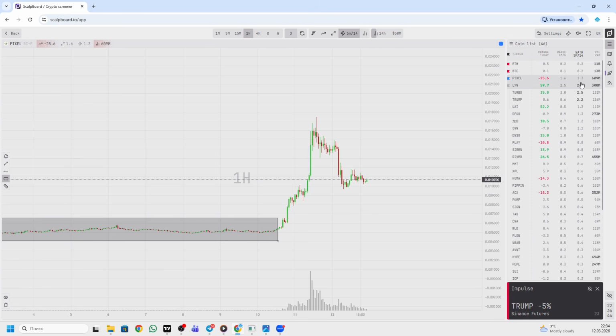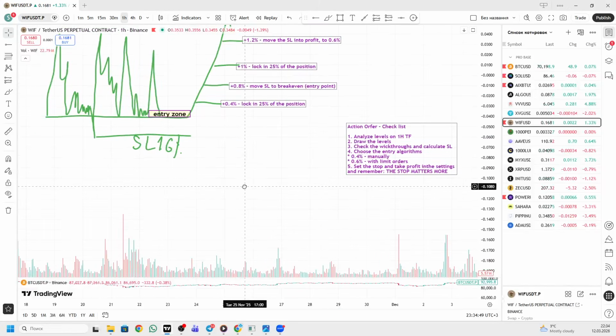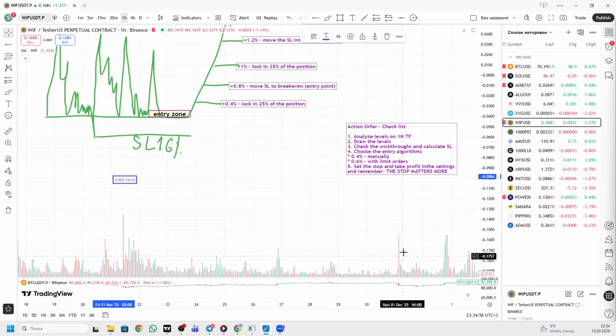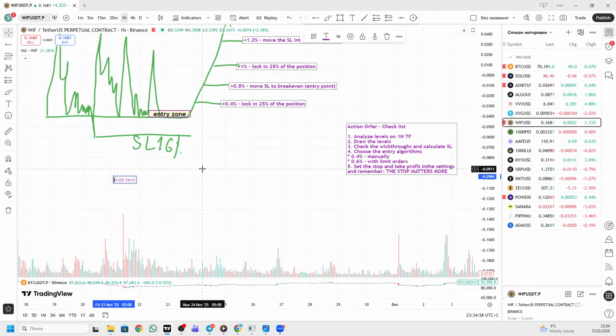Okay, now let's go back to our chart and I want to write this down for you as well. Limits for the first trades. It's very important.